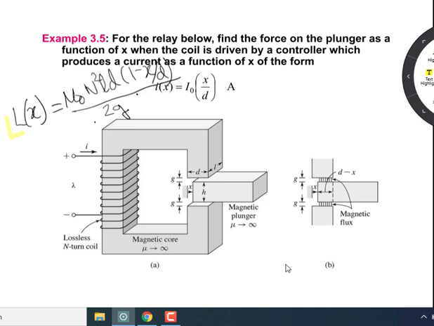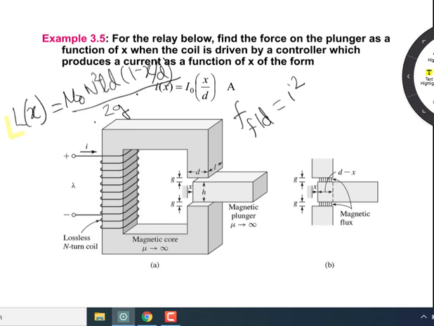Now we are assuming that this system is a magnetically linear system, and for that we can calculate the force.